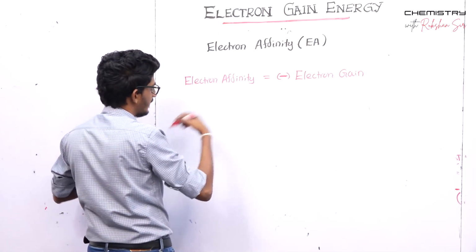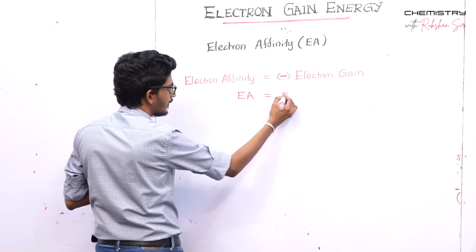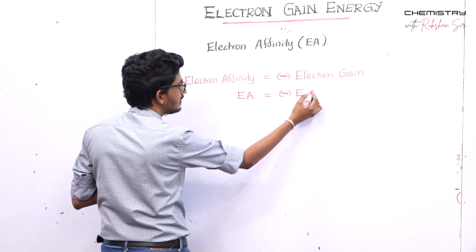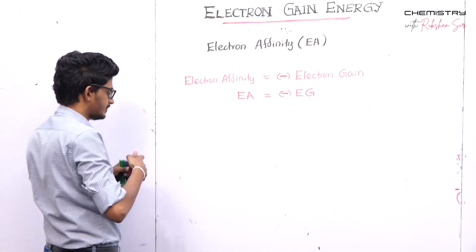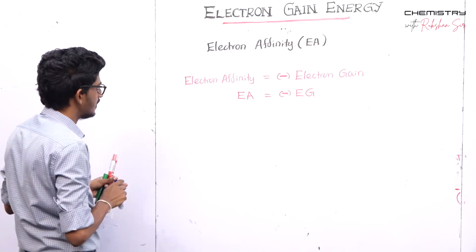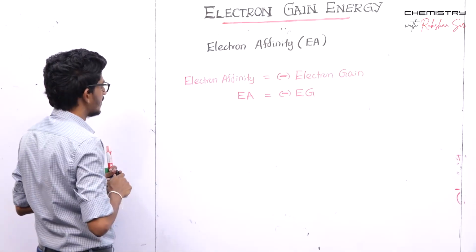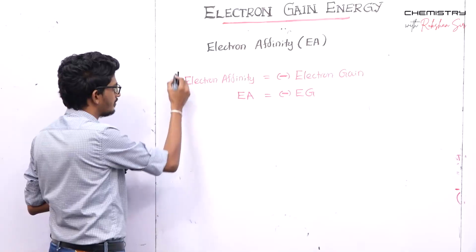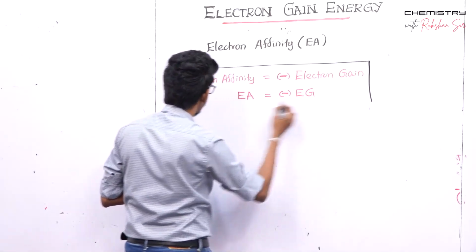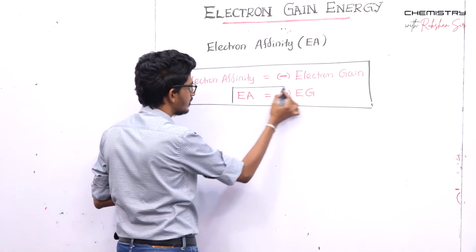So one can say EA is minus EG, electron gain. This is the only thing you should know about the electron affinity. With this, you can answer any question coming from the electron affinity. Not that many questions will be asked from the electron affinity, but this is the major stuff you should know.